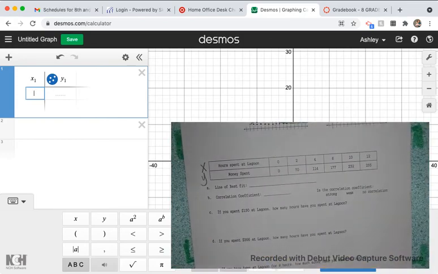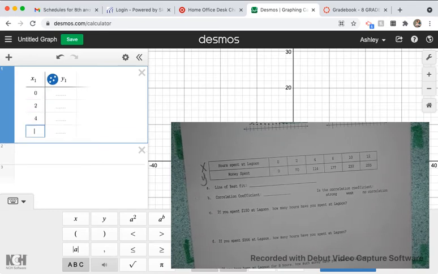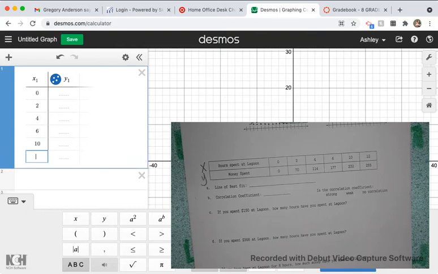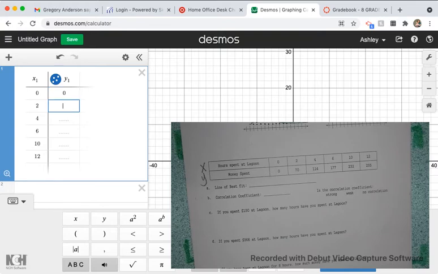So we're gonna type those in, and it really helps me if I label them first. So I encourage you to label them as well. And then our y values, we've got 0, 70, 114, 177, 232, and 255.